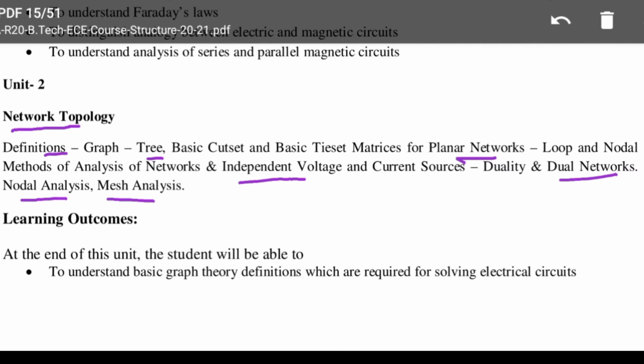Coming to network topology, it is an important step in the procedure for solving any circuit problem. If the circuit is very complex, it is very simple to solve the problems by using network topology. The branch currents are taken as variables, or loop currents, also known as mesh currents.